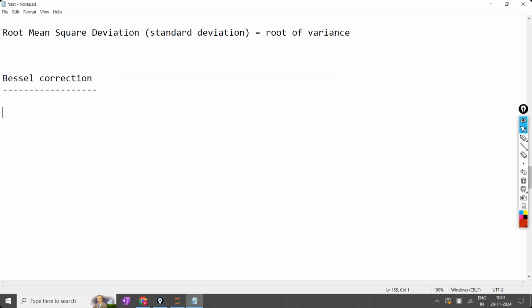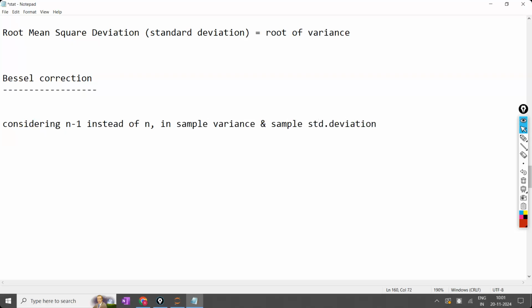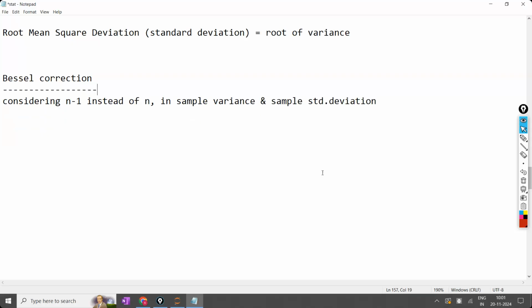If you have selected variance, the standard deviation is automatically selected, because it is only the square root of variance. So considering n minus 1 instead of n is called Bessel correction.